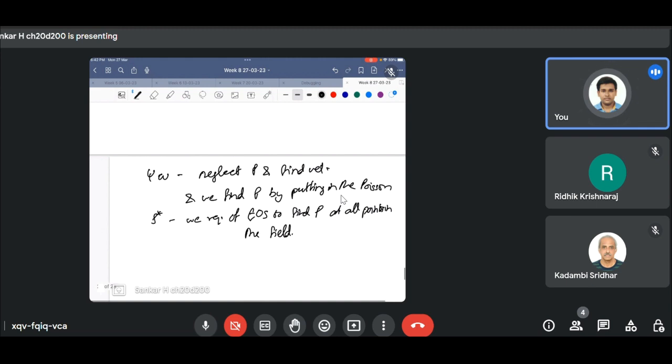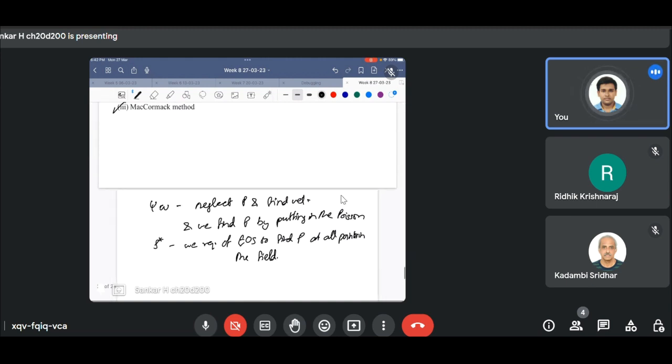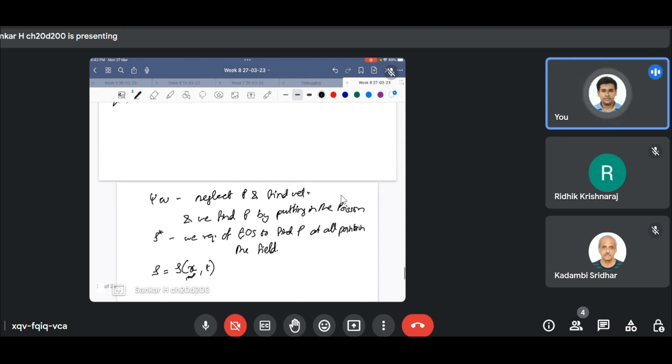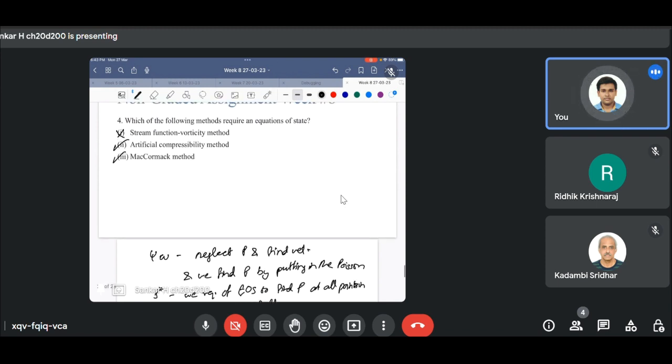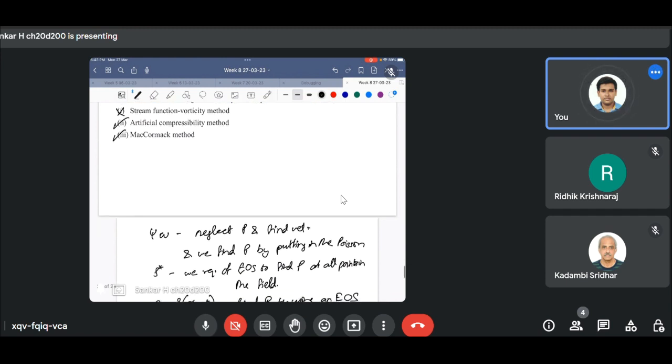And as we have seen last week, the McCormack method finds the variation of density as a function of the position vector x or time, and we solve that and find pressure by using an EOS, which relates pressure as a function of density and temperature. Therefore, both artificial compressibility and the McCormack scheme use the equation of state to find the pressure.